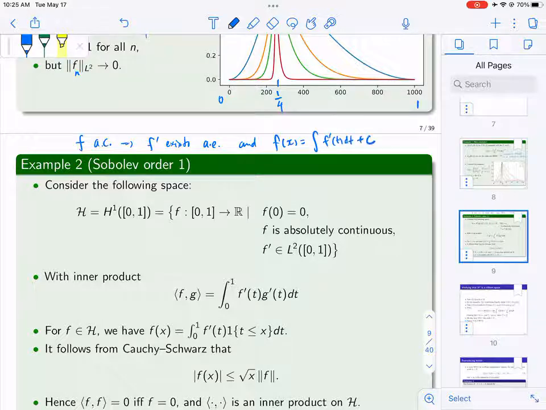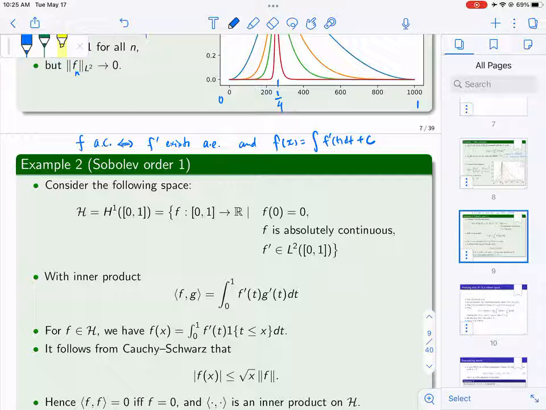So the fundamental theorem of calculus works for these classes of functions. This is more or less an equivalence: a function is absolutely continuous if and only if f prime exists almost everywhere and the integral of it is the function. So these are the functions that can be written as integrals of their derivatives. Moreover, we assume that f prime is in L2. Then this defines a class of functions.